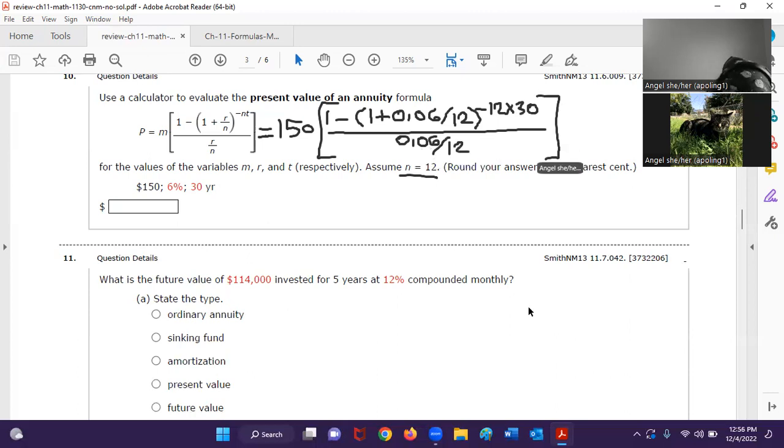You stick all of that into the calculator and get 25018.742. Therefore, this is $25,018.74.